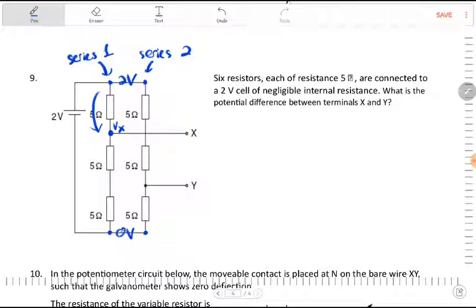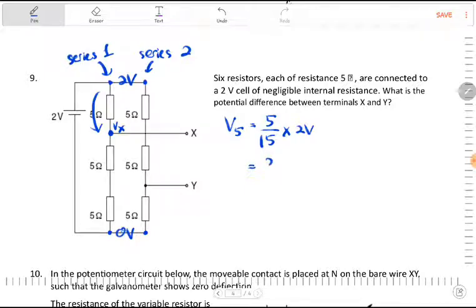Of course we can use the potential divider rule. So the PD across the first 5 ohm is 5 ohm divided by the total in that series, which is 15. So you multiply by 2 volt, then you should get the PD across the first 5 ohm resistor.